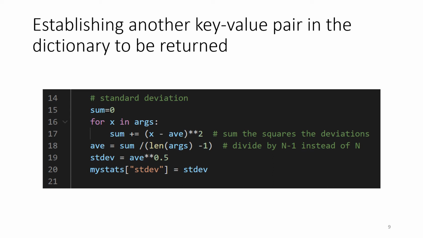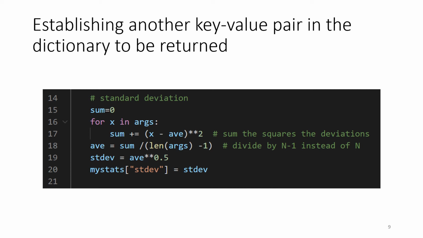So that is a deviation. We are going to raise that to the second power. So we're squaring these things. That makes all of the deviations positive. And then when we're done with that for loop, we are going to divide that sum by the number of arguments minus 1. So for a standard deviation, you divide by n minus 1 and not n.